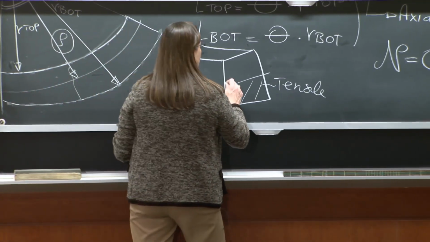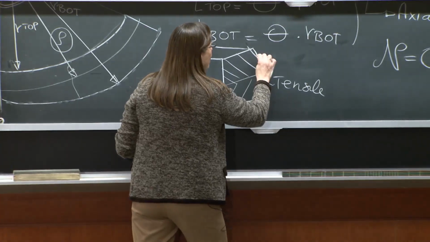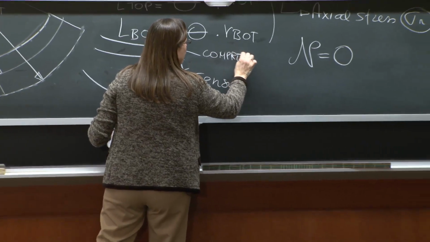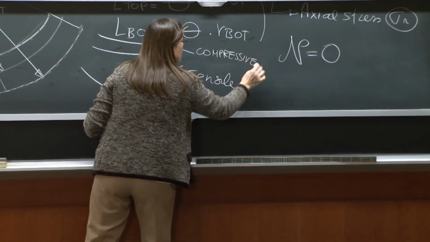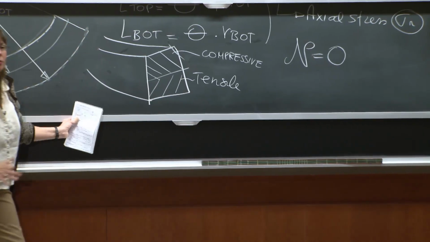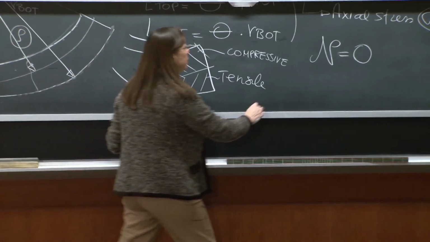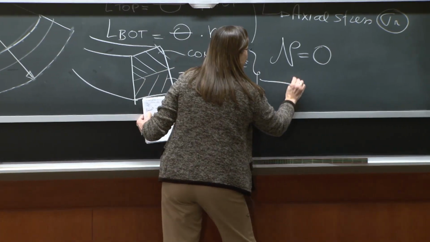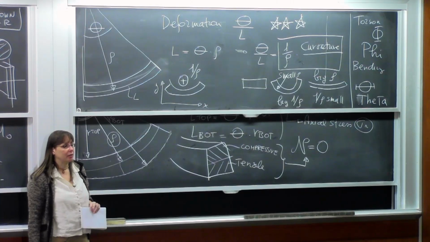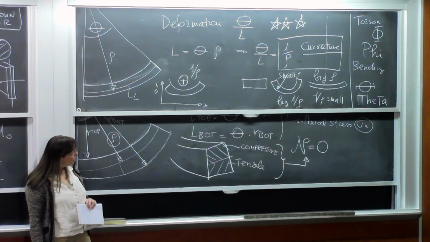So the top of the beam must be compression. Compressive situation on the top, tensile situation at the bottom. So they get together, they give me 0 axial force resultant.